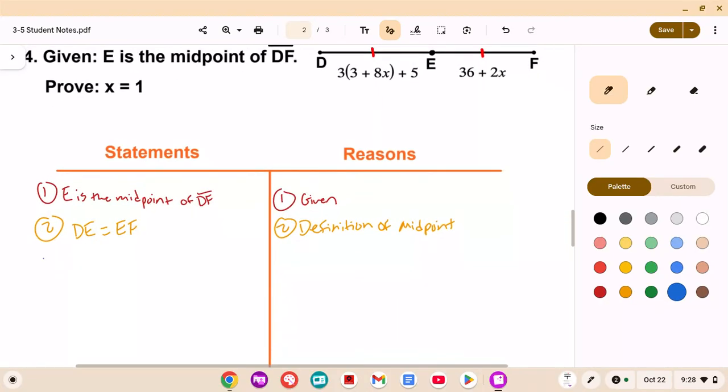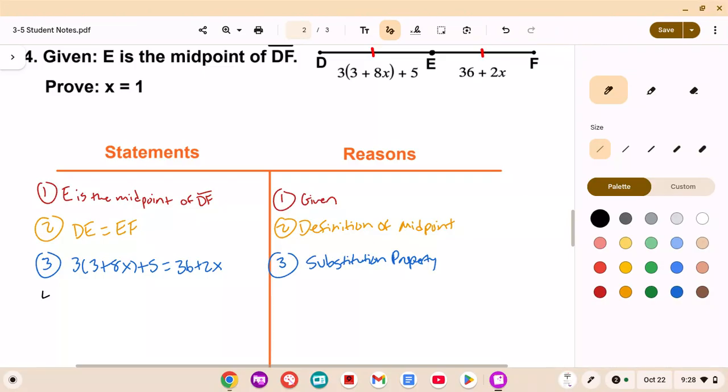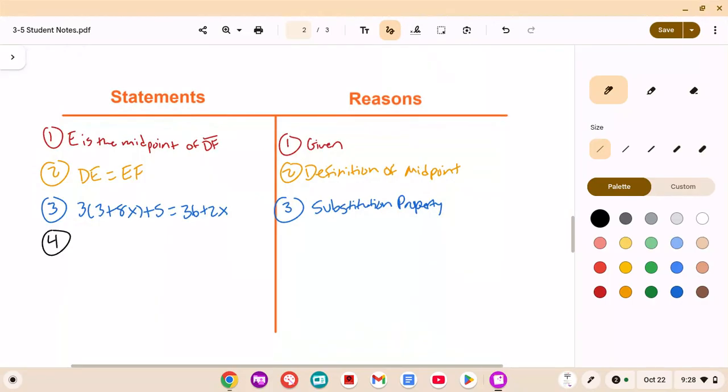All right, step number 3. Instead of DE, let's go ahead and put in that whole algebra thing there. And instead of EF, let's do the 36 plus 2x. And what we did is we substituted that in, so substitution property. And then from here, we're going to do some algebra. I'm thinking let's distribute the 3 through.